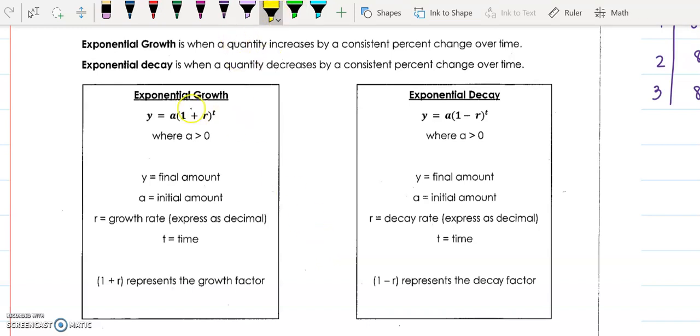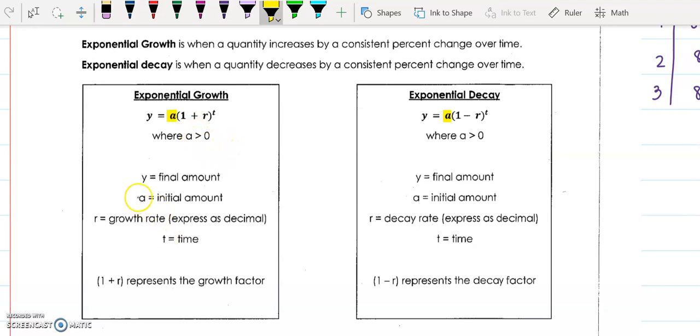And so whatever number is sitting out in front of your function will represent the starting value of your function. And that's true for all exponential functions where there are no horizontal or vertical shifts. And so these are in general form, and that applies here.